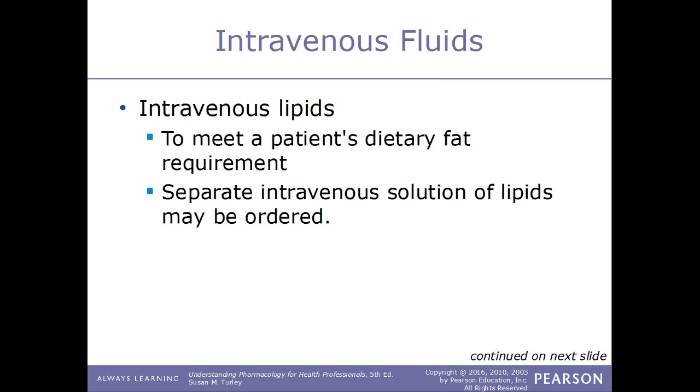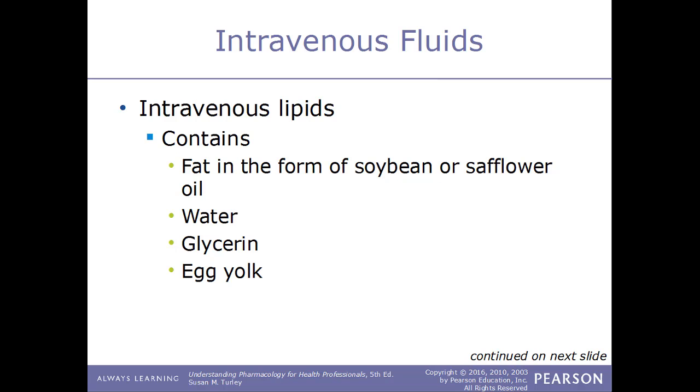Another type of IV fluid that can be administered are intravenous lipids. And these are given to meet a patient's dietary fat requirements. So you may have a separate intravenous solution of just lipids that may be ordered. And a solution of IV lipids will contain fat in the form of soybean or safflower oil, water, glycerin, and egg yolk.